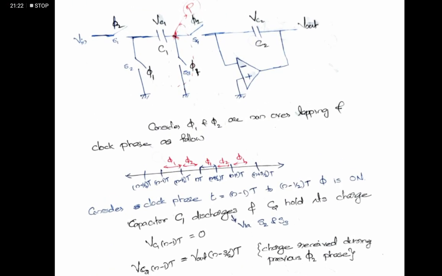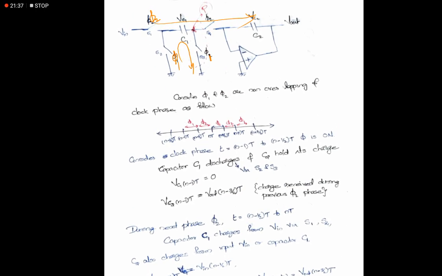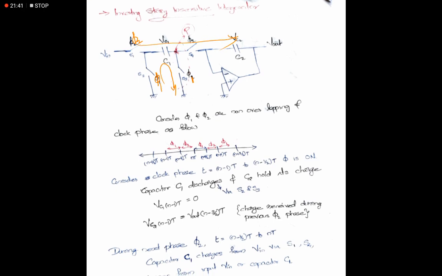If we change the control signal phi 1 to phi 2, and here it is phi 1, discharging takes place like this, charging is like this. The control signal order is very important. Only then will it work as an integrator, or as a switched capacitor resistor.